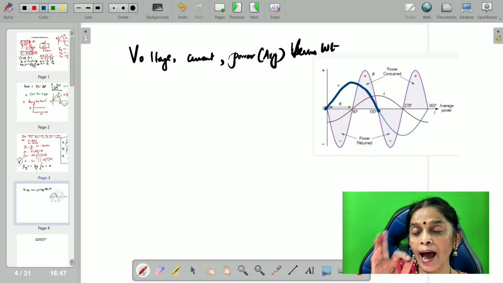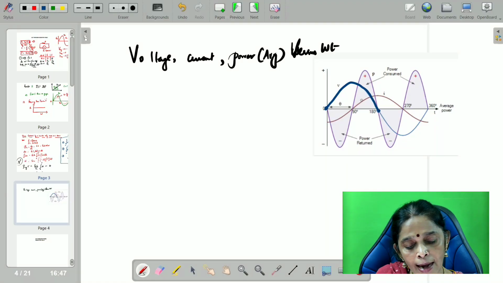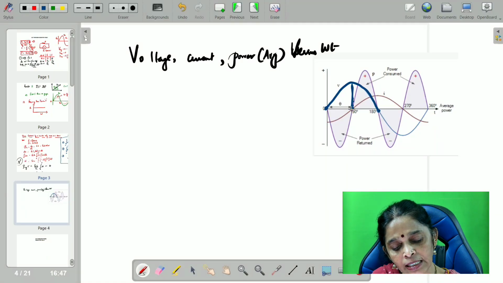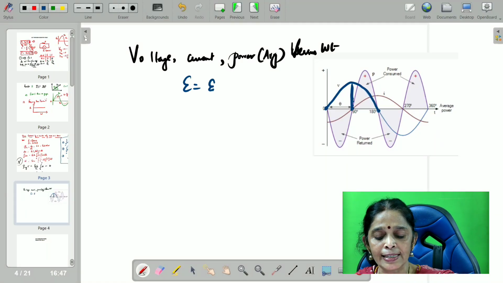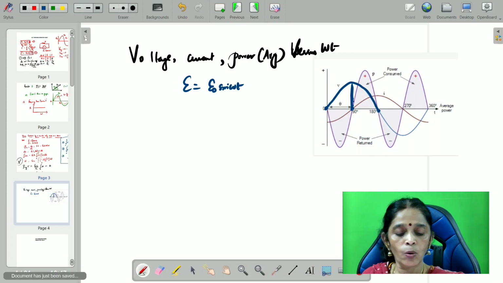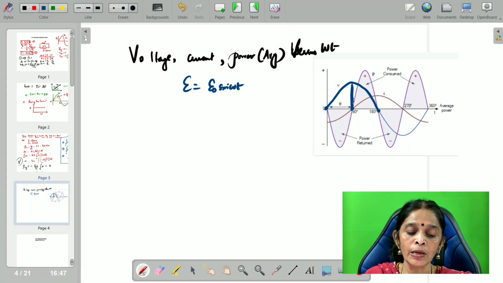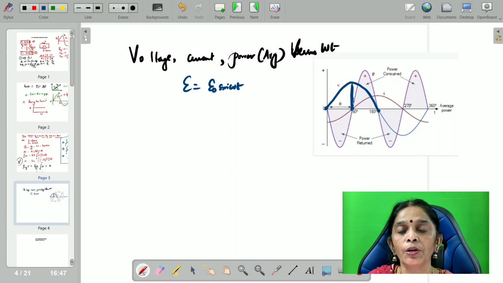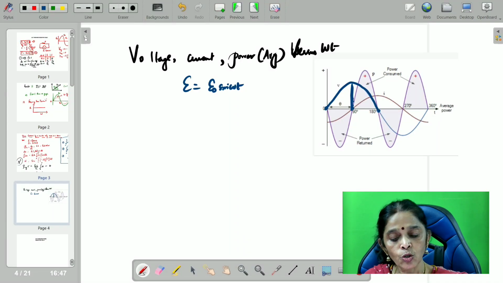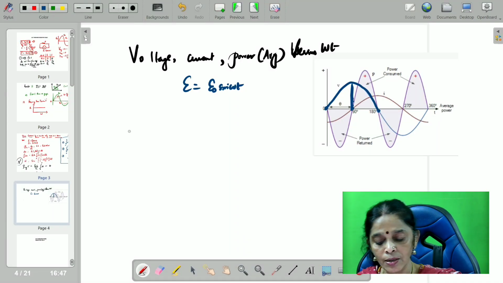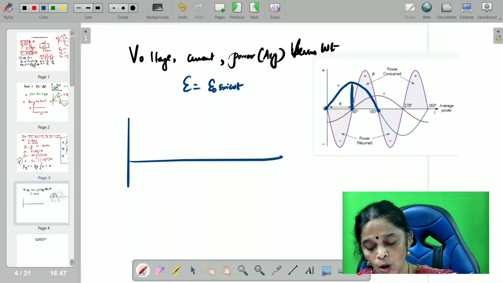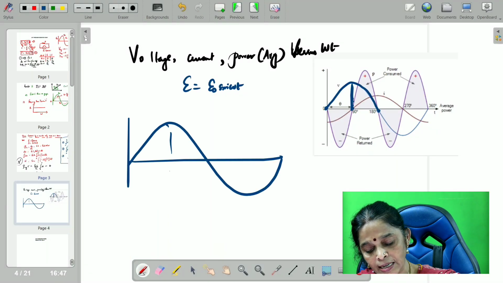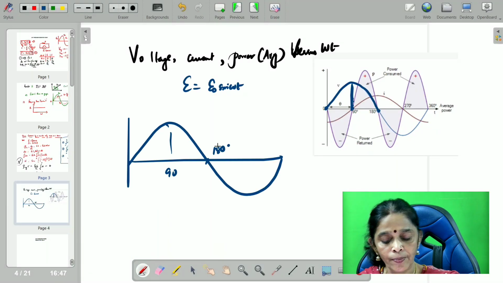At 0 degree, it is 0. At exactly 90 degrees, it should be maximum, because E is equal to E naught sin omega t. So voltage is maximum over here. This is 90 degrees. This is 180 degrees.